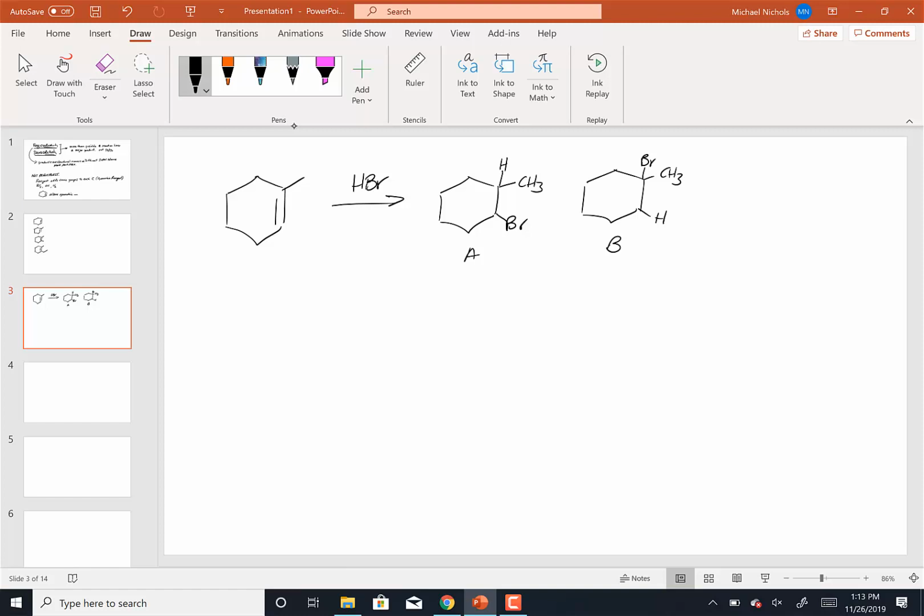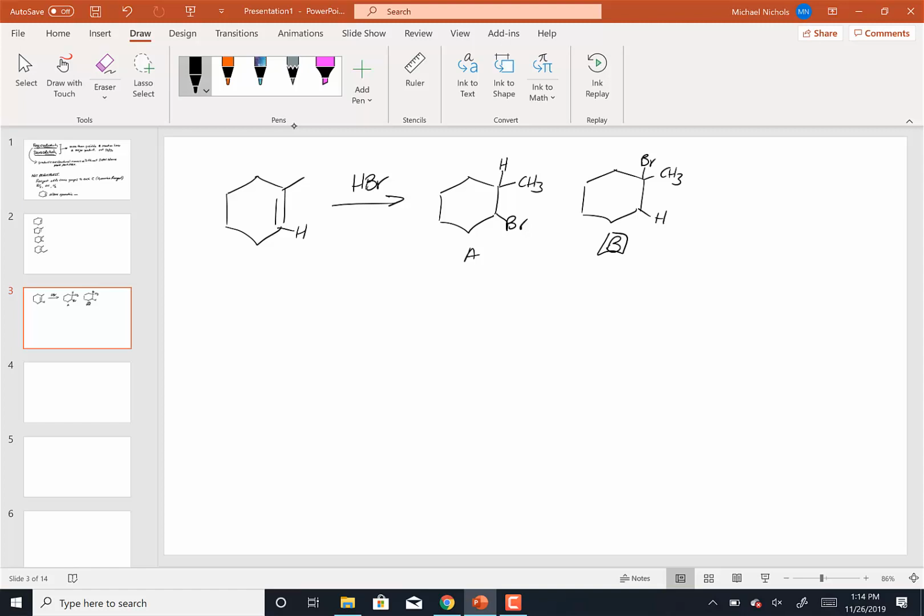I hear very weak B's. B. That's assertive. That's what we want. It is B, because the hydrogen added to the carbon with the most hydrogens in the double bond, which is the bottom one, and the Br added to the top one.